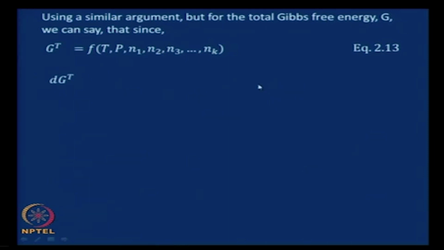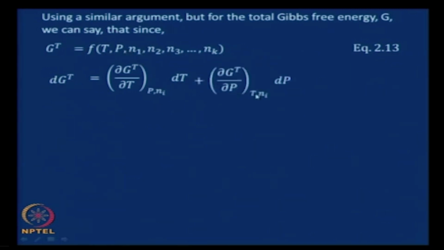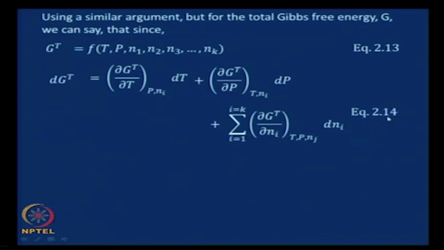Therefore, the total differential dG_t can be written as ∂G_t/∂T at constant P and all N_i dT plus ∂G_t/∂P at constant T and N_i dP plus, as we have seen, ∂G_t/∂N_1 at constant T, P and all other N_j's dN_1, plus ∂G_t/∂N_2 at constant T, P and all other N_j's dN_2 and so on, which can be represented in short form as summation over i from 1 to k of ∂G_t/∂N_i at constant T, P, N_j, where we already saw that i and j will not be the same, times dN_i. I will call this equation 2.14.